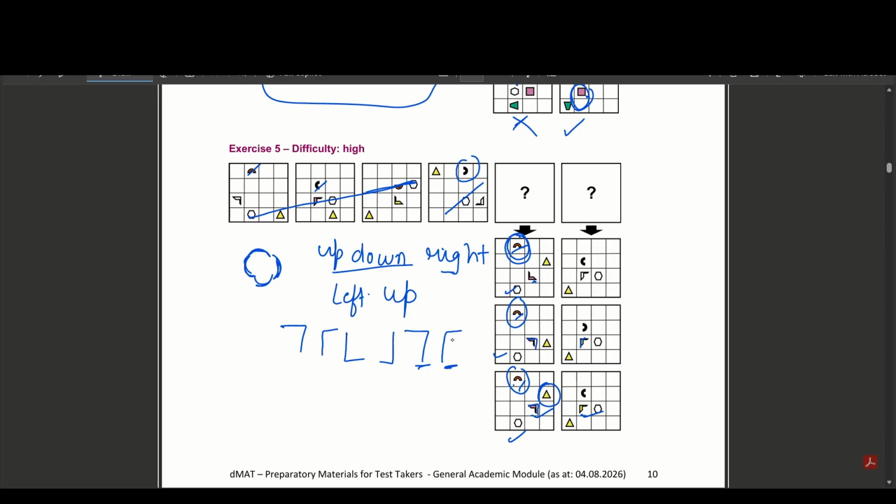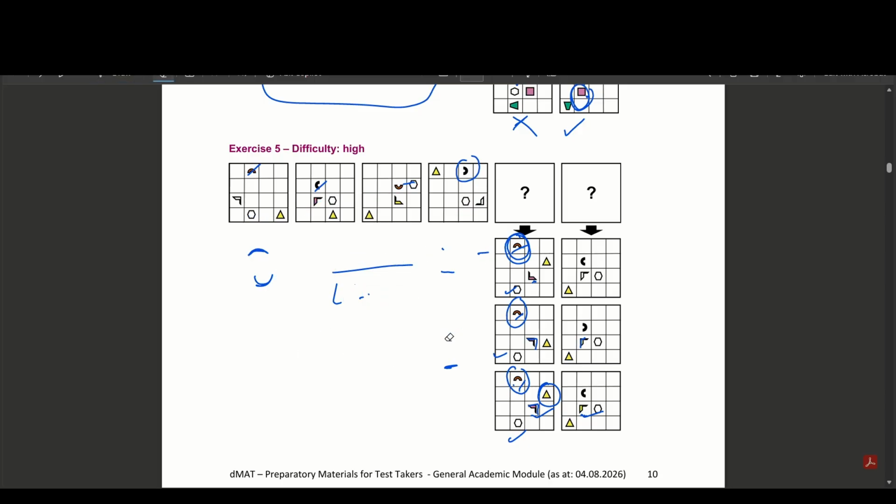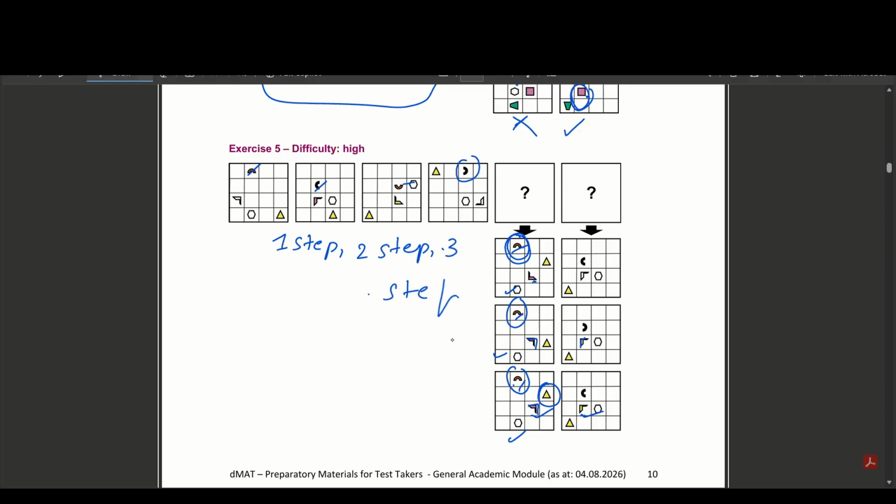There is basically a rule how it is moving. It is moving one step, then two step, then three step, like this.